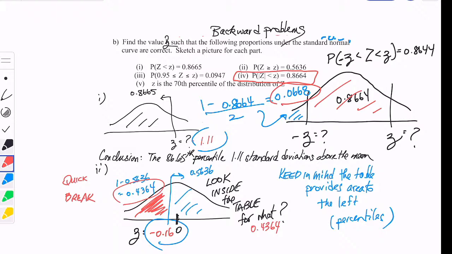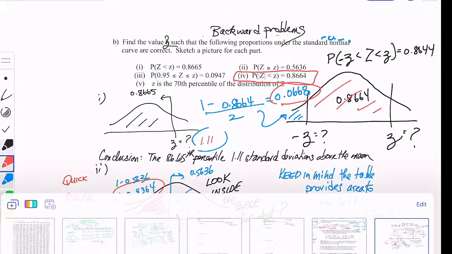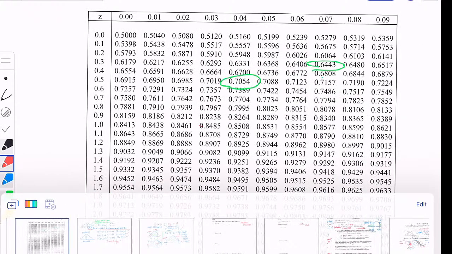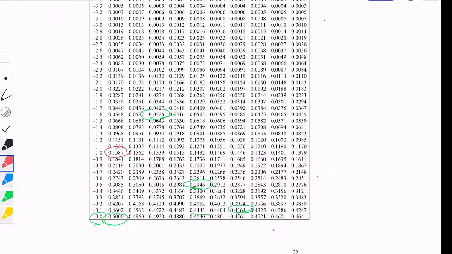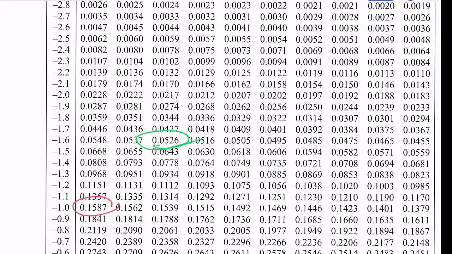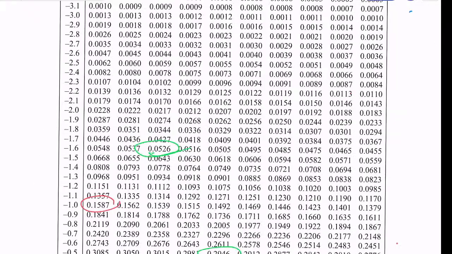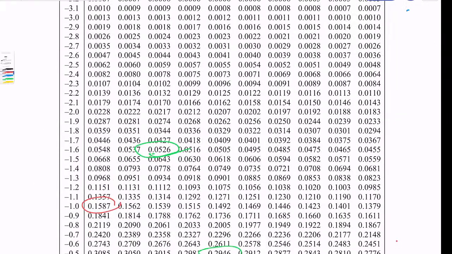So you look on the table for 0.0668. That looks familiar to me. That's on the negative table. I look for 0.0668, right here. Negative 1.5.